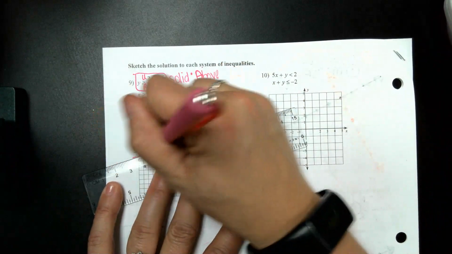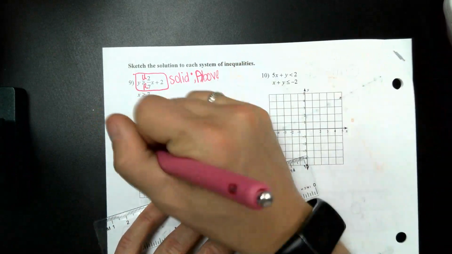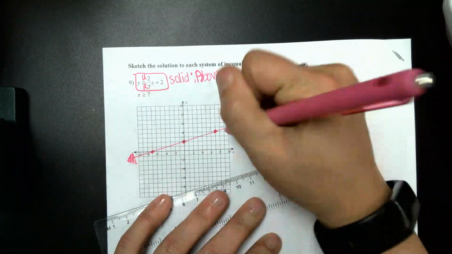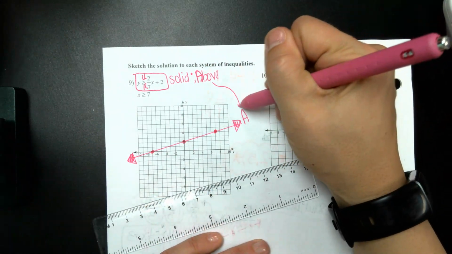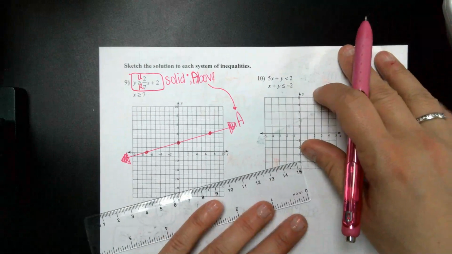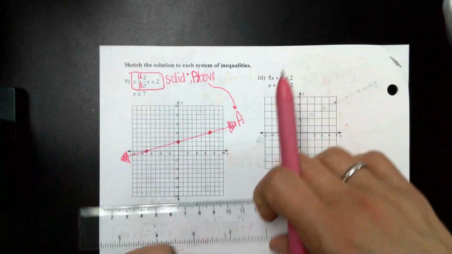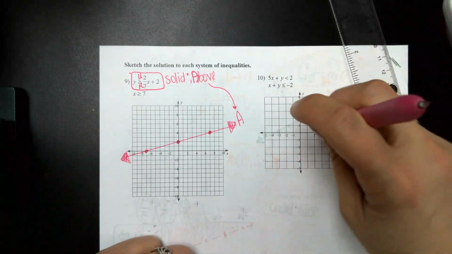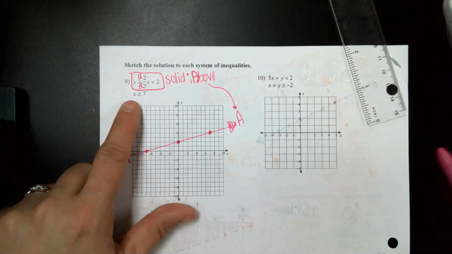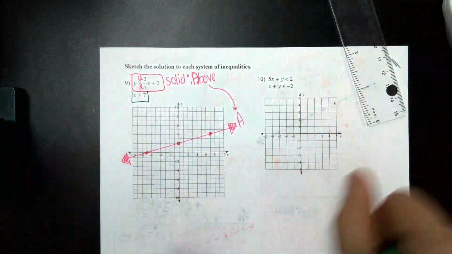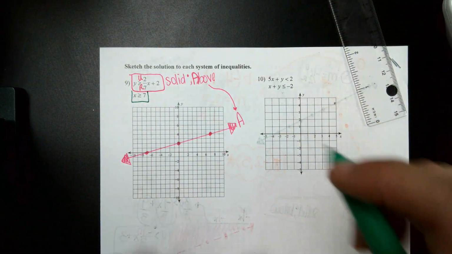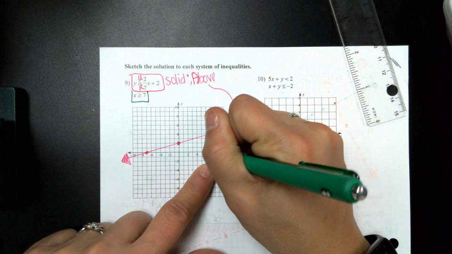Make a solid line. And then yesterday, what I told you guys I typically do is I just write the letter A next to it for above. So that way later, I'll be able to tell where to shade. Now this one starts with the letter X. And when it starts with the letter X, where do we plot it? X-axis. So I'm going to go over here to the 7.